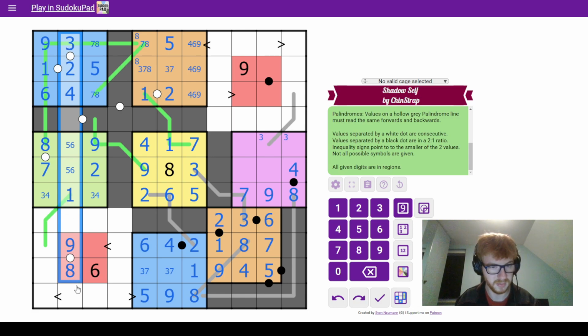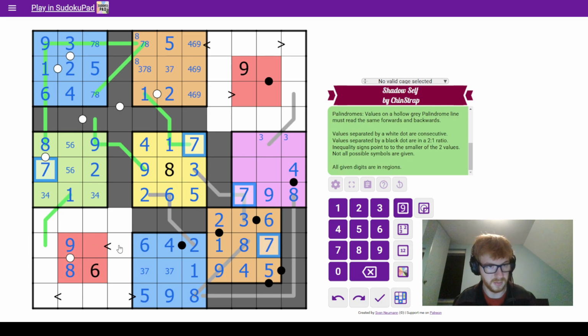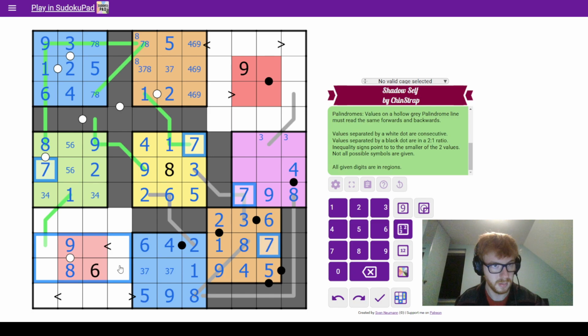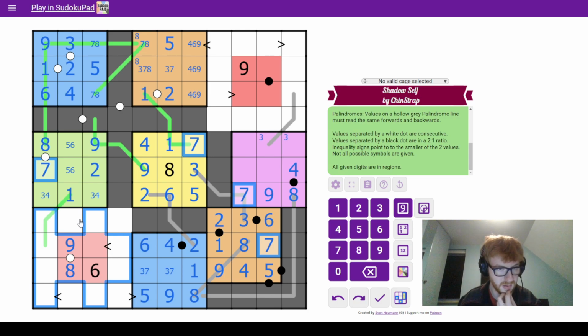I'm going to need another 7, but the 7 could be from either one of those. In fact, where am I going to get the 7 in this box from? It's not going to be from here, not from here, here, here, or here. So one of those is going to give me the 7, but that doesn't restrict anything.